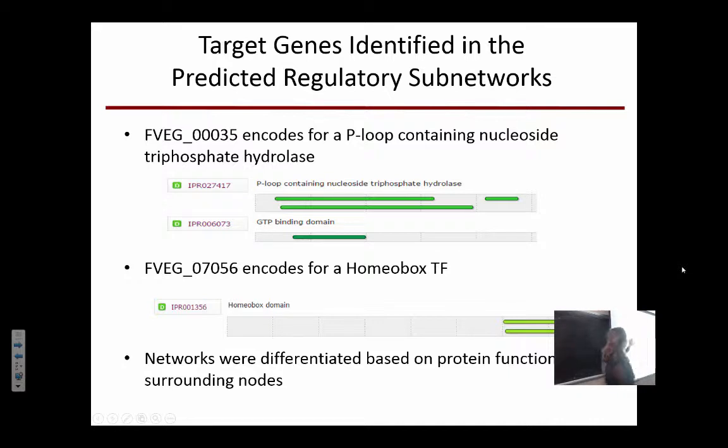What I found was that FVEG00035 encodes for a P-loop containing nucleoside triphosphate hydrolase, and 07056 encodes for a homeobox transcription factor. Now, in order to choose which of the 2 subnetworks for each gene was the best one or the most likely, I used a software to find the predicted protein domain of each gene connected directly to these 2 seed genes.